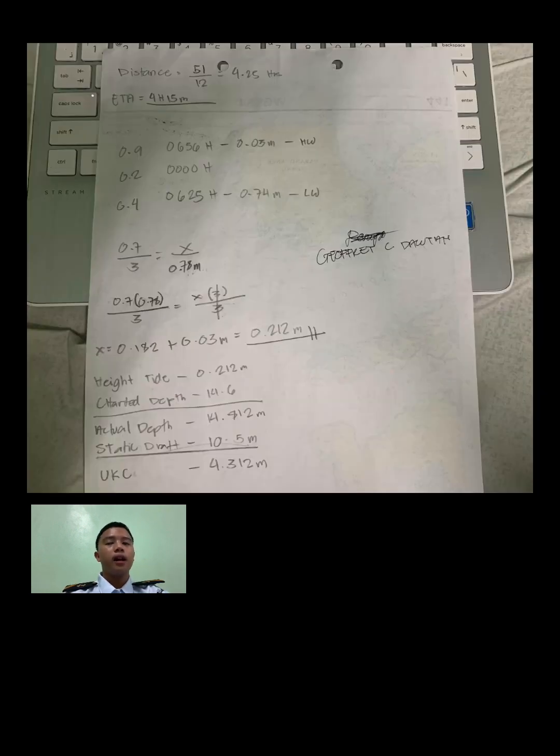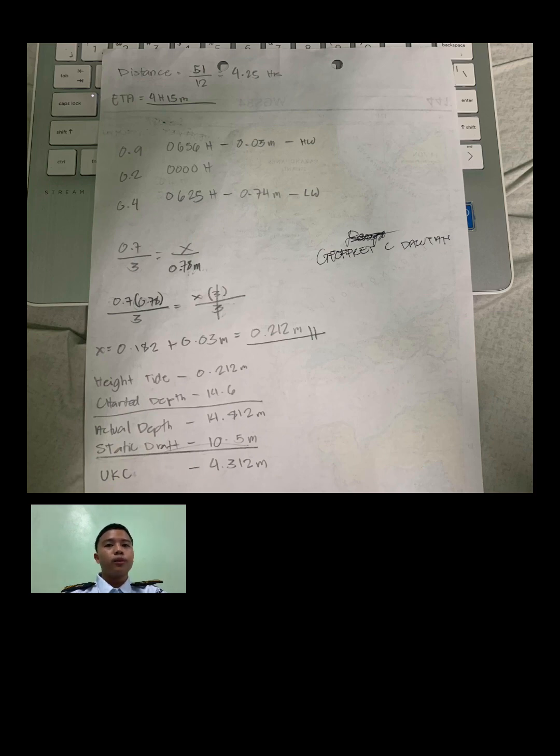Before we proceed to the Kuple, we're going to get the ETA, height of tide, and the UKC. To get the ETA, we need the distance from Cabugao to San Bernardo, which is 51 nautical miles, divided by the speed, which is 12 knots.